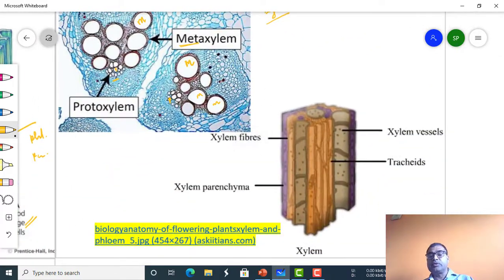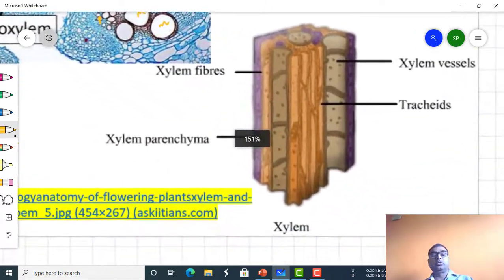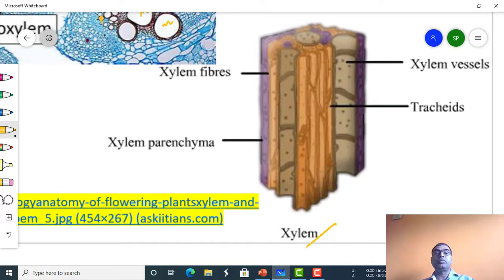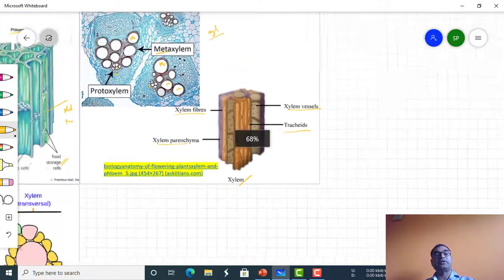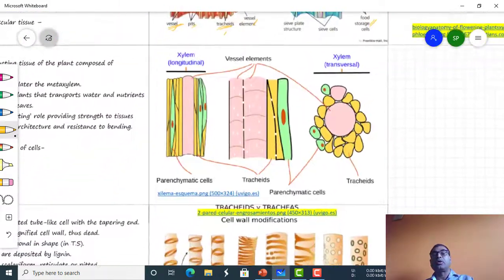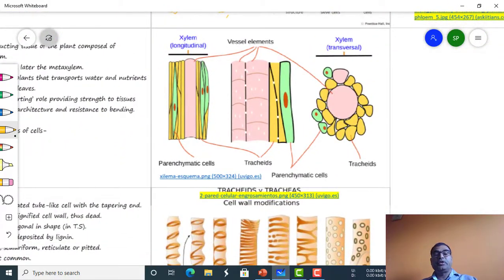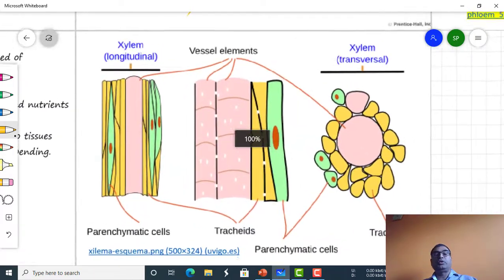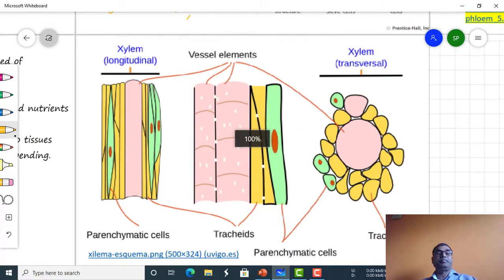One more image from the xylem, showing the xylem fibers, xylem parenchyma, xylem vessels as well as the tracheids present in the xylem. One more image showing the xylem.